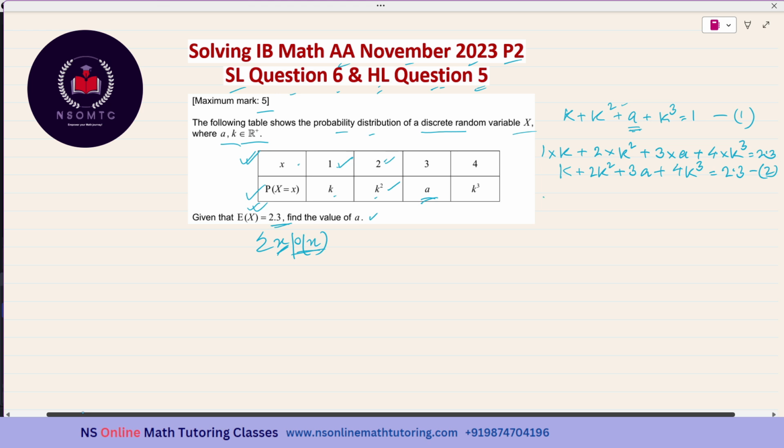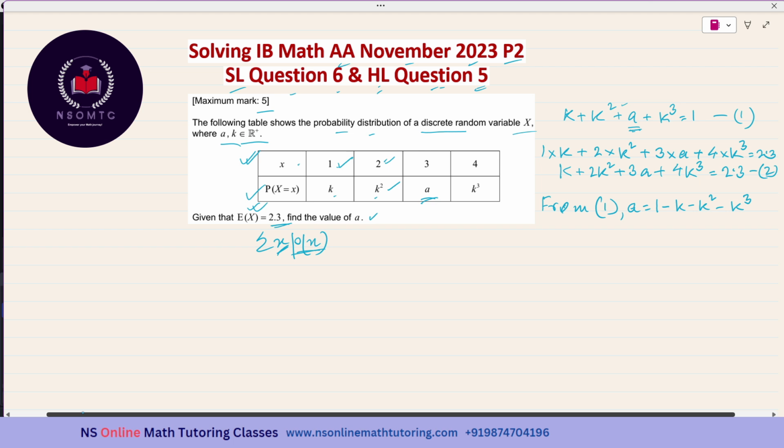Okay, so from 1, a is equal to 1 minus k square minus k cube.